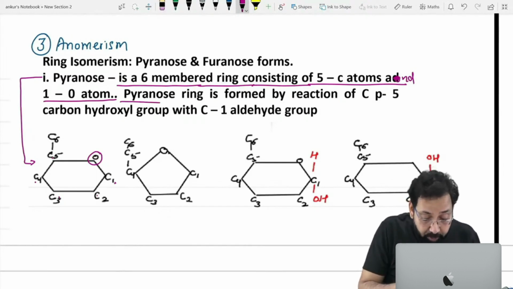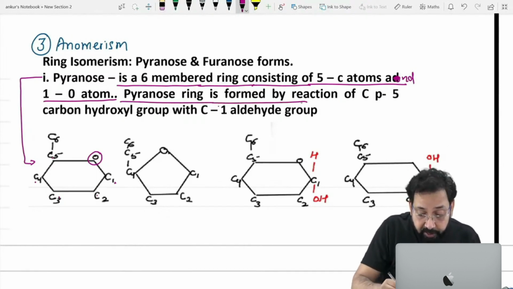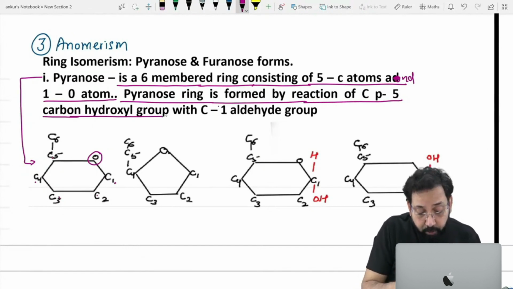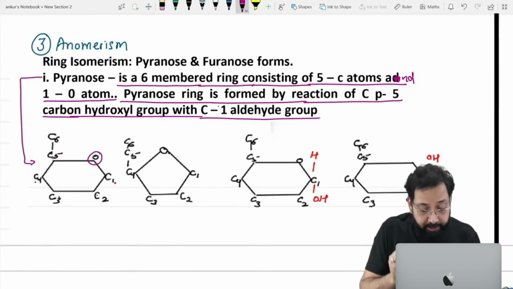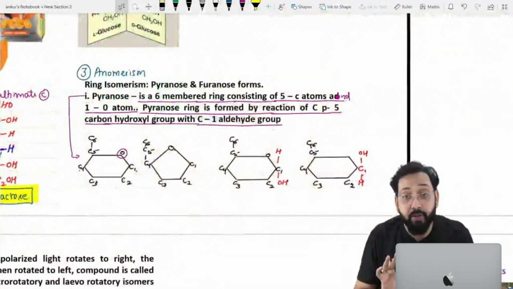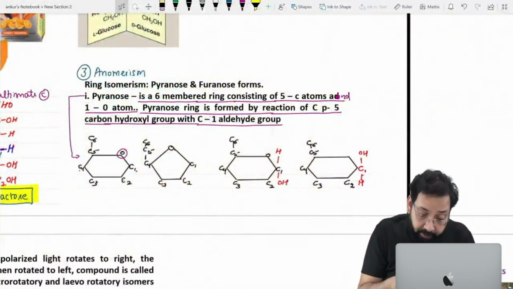Pyranose ring is formed by reaction of the C5 carbon hydroxyl group with the C1 aldehyde group. C5 to C1. Clear? So this is a pyranose ring. But if I modify it, you can also do that.